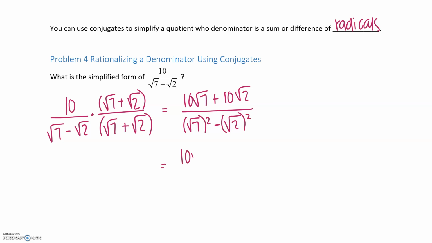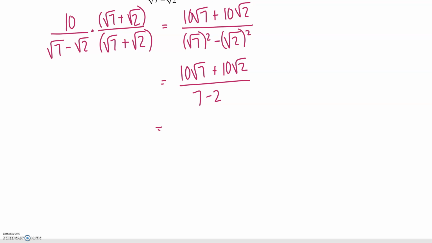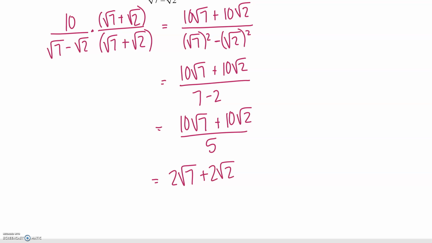That leaves us with 10 square roots of 7 plus 10 square roots of 2 on the top, and we've got 7 minus 2, which leaves us with 10 square roots of 7 plus 10 square roots of 2 over 5. We can simplify this because we can divide 10 by 5 on both of these, which leaves us with 2 square roots of 7 plus 2 square roots of 2. And that is our final answer.